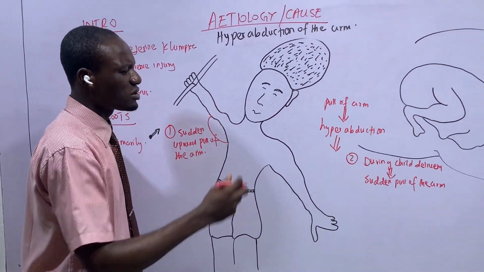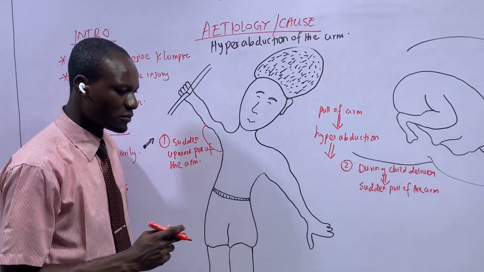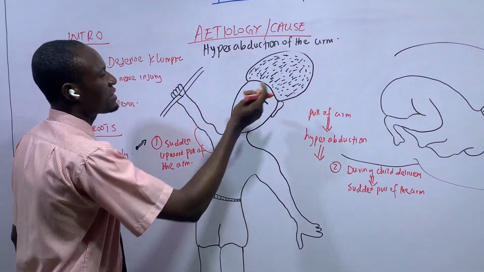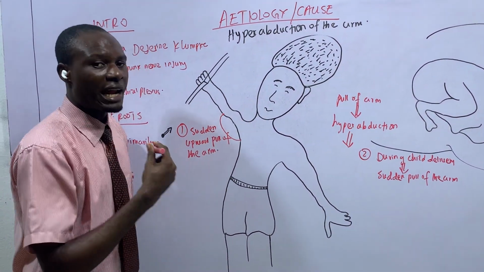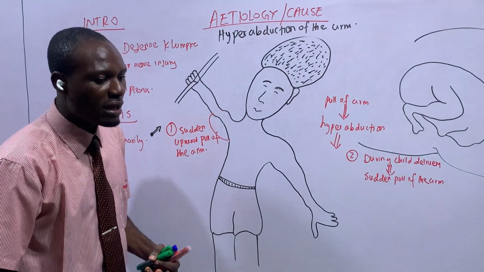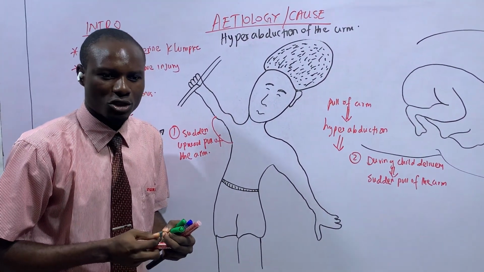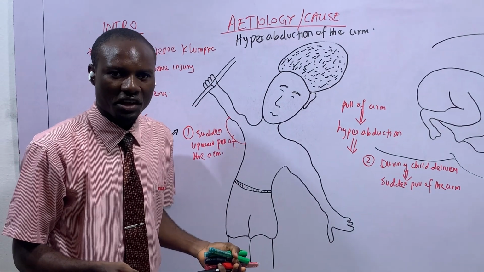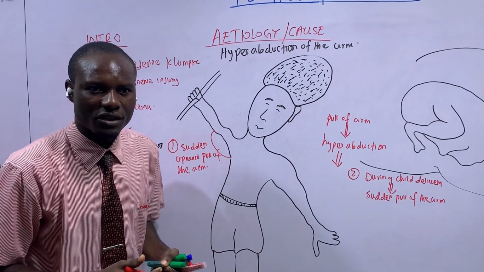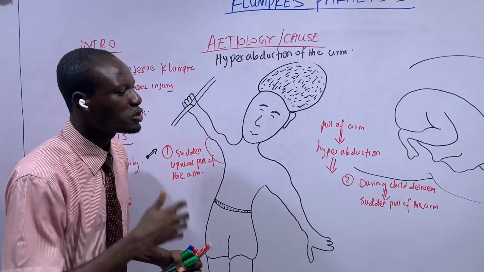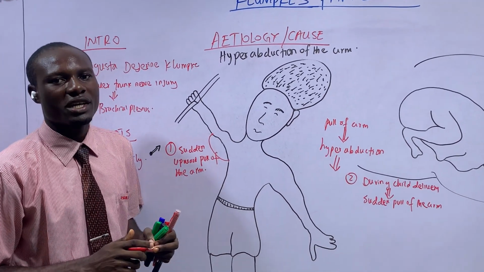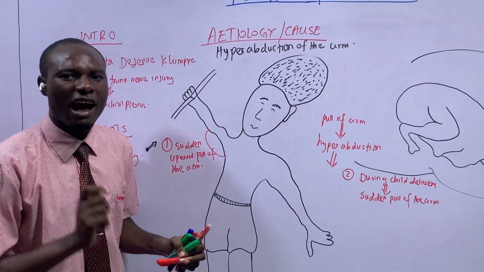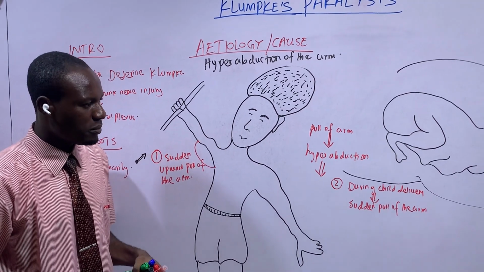That is what results in Klumpke's paralysis. There's paralysis in this topic because these are nerves, and nerves innervate muscles. And when muscles lose their innervation by way of injury, a form of functional denervation, it's going to result in various forms of paralysis. And for this topic, it is called Klumpke's paralysis, affectation of the lower trunk of the brachial plexus.